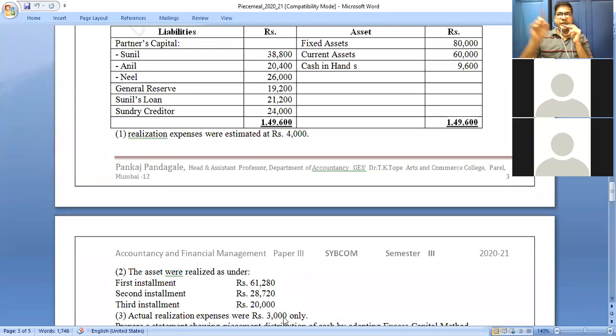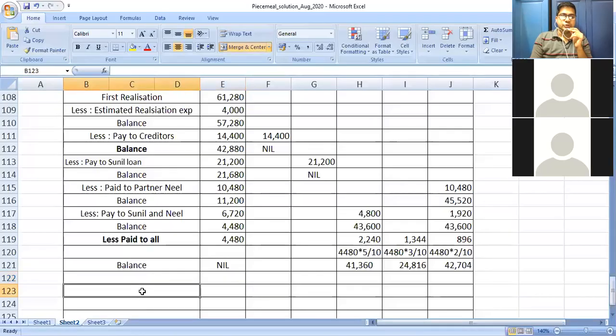It means we deducted 4,000, but actual expenses were only 3,000, so we extra deducted 1,000. This 1,000 value we will add again to our cash. So whenever you have to distribute the third installment, at that time you have to add the 1,000 value.